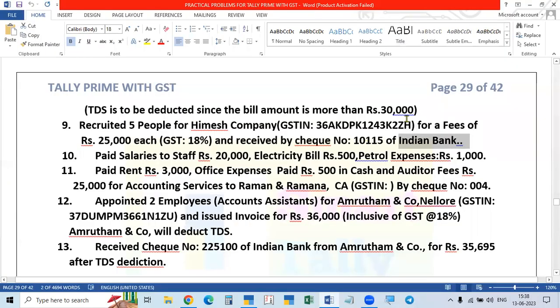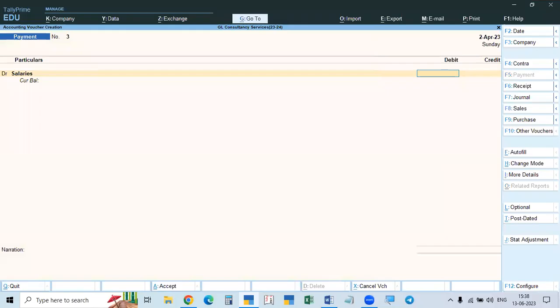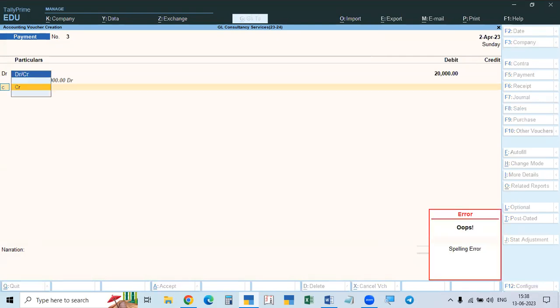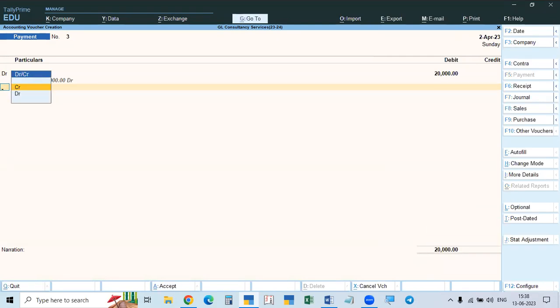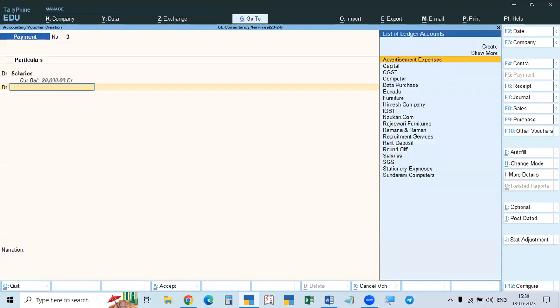What is the salary paid? Salary paid 20,000. Again, make debit. After debit, it will show credit only, but you have to make it manually. You have to take DR, debit.